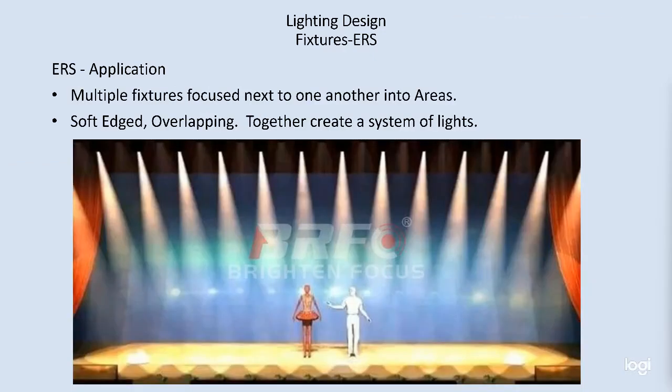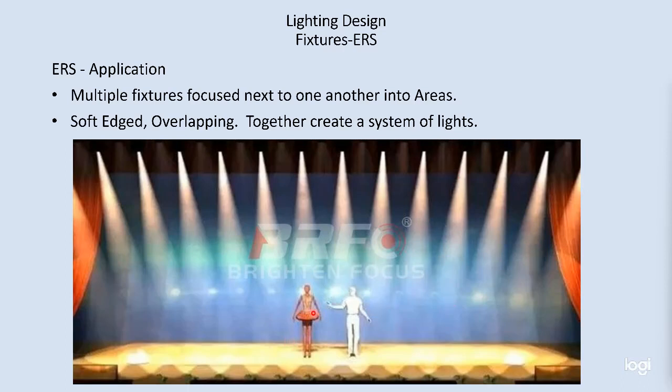So talking about application, oftentimes we want more control over the stage. We want areas of light that we can turn on or off, and an ellipsoidal is perfect for that because it's, number one, shooting a long distance from front of house. It has shutters that we can control the edges, and then we can soften the edge. And by overlapping these, we create areas of light that then we can control.